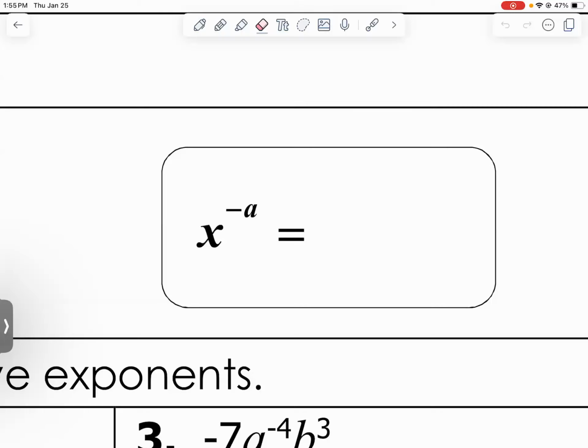But what happens is you can rewrite them to go to the other side of the fraction bar and it'll turn positive. So if we write x to the negative a, we can move x to the negative a to the denominator, and when it crosses that fraction bar, it becomes positive.